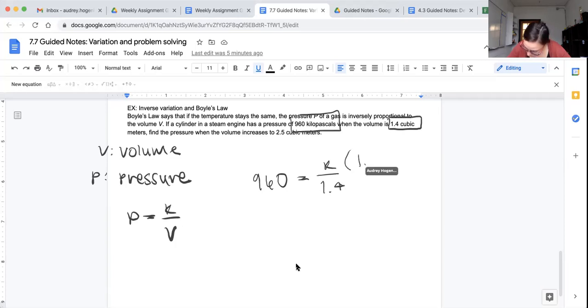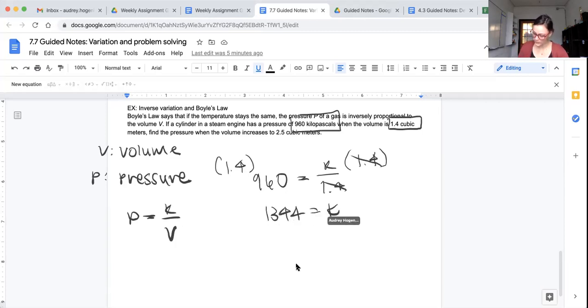So we're going to multiply by 1.4. And then we want 960 times 1.4, which is going to be 1344 equals K. So therefore, our equation has become P is equal to 1344 over V. And we want to find the pressure when the volume increases to 2.5 cubic meters.